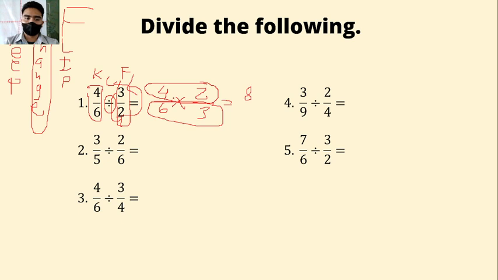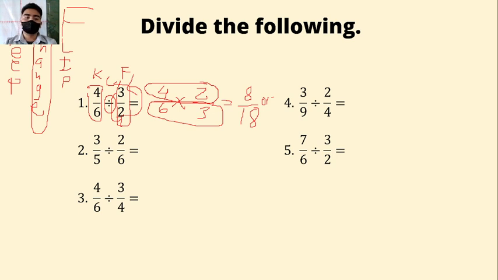8. Correct. How about 6 multiplied by 3? The answer is 18. Correct. So with this one, I will be asking you, is 8 over 18 the final answer? Could be. Or, we could say that the simplest form of 8 over 18, what is the GCF of 8 over 18? It could be simplified by 2, isn't it?